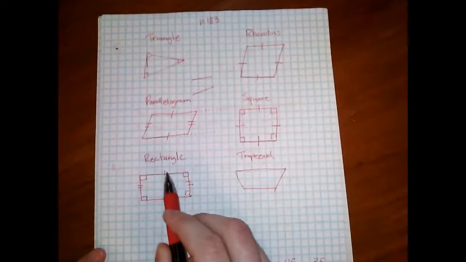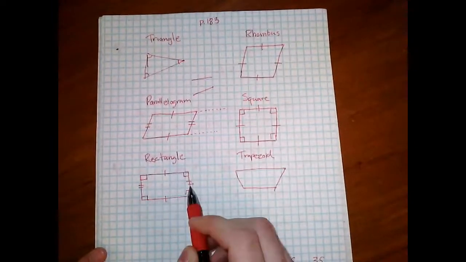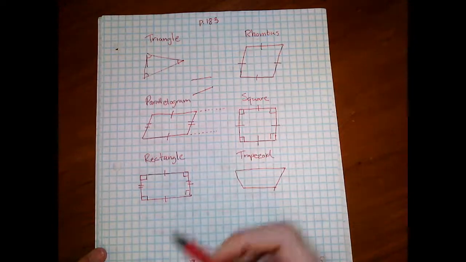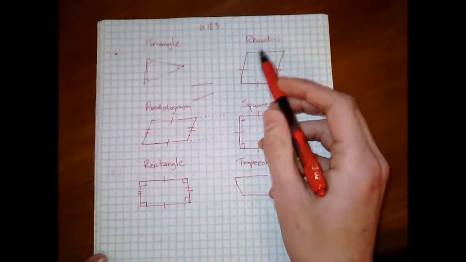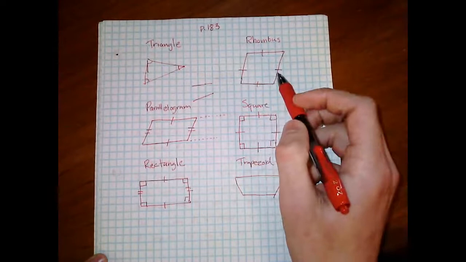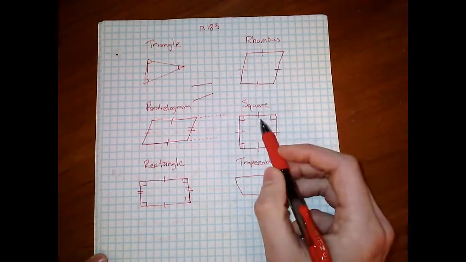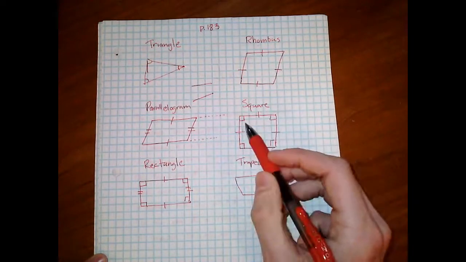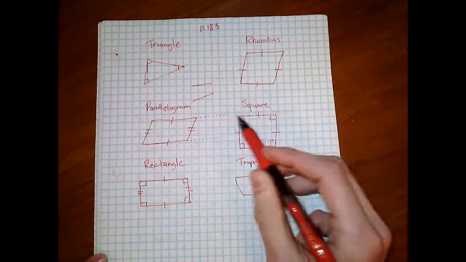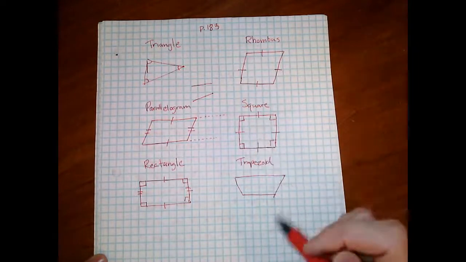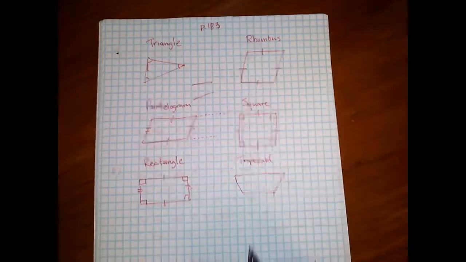The rectangle also has 2 sets of parallel lines, but it also needs to have 4 right angles. In a rhombus, all 4 sides of this parallelogram need to be equal to each other. And a square needs to have 4 equal sides, 4 sides that are parallel to each other, and 4 right angles. So again, the most specific.